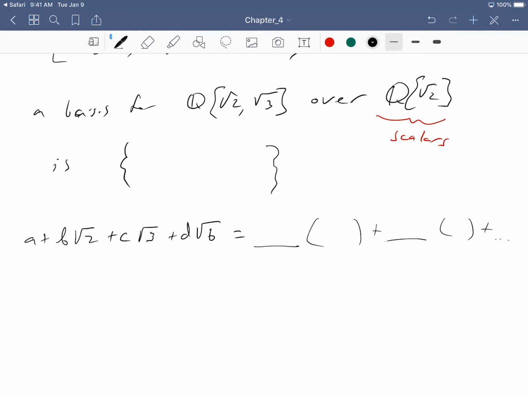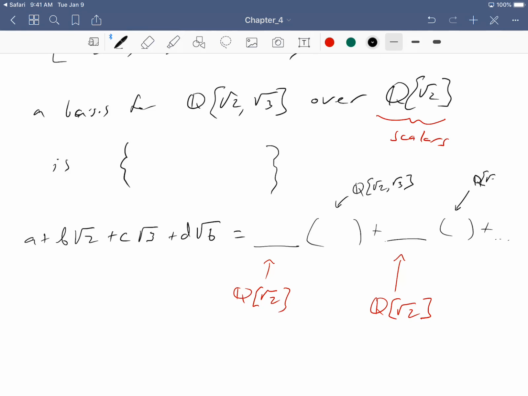All right, so remember our scalars can be from Q(root 2). So whatever goes here is allowed to be something from Q(root 2). This is allowed to be something from Q(root 2). The basis vectors are what have to be from Q(root 2, root 3).